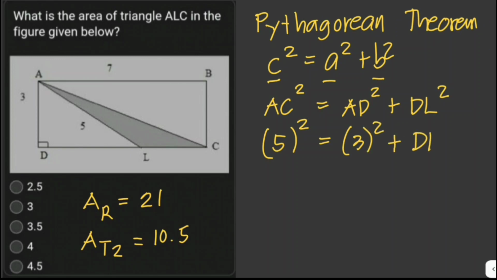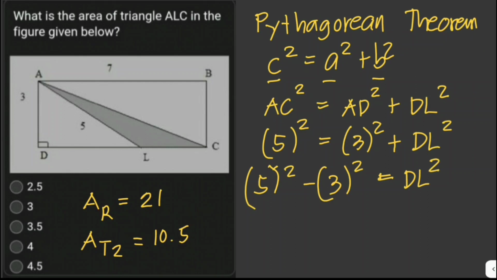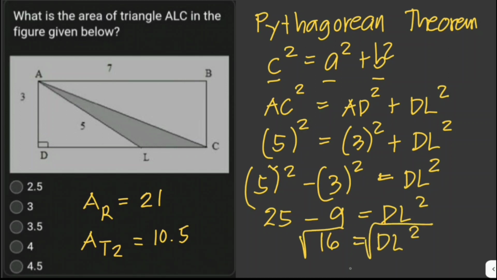Now we can solve for the length of DL. So this is 5 squared minus 3 squared equals DL squared. 5 squared is 25. Minus 9 equals DL squared. This is just 16. Okay, and then we square root both sides. Therefore, DL is just equal to 4.